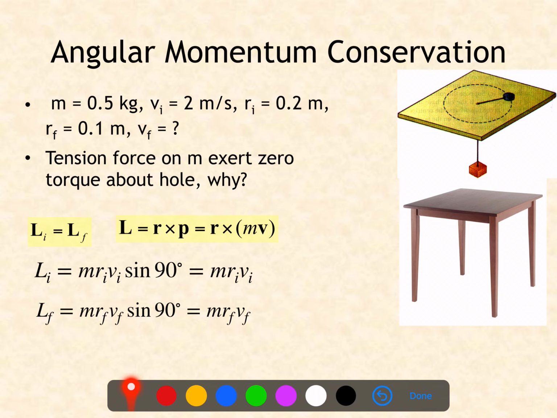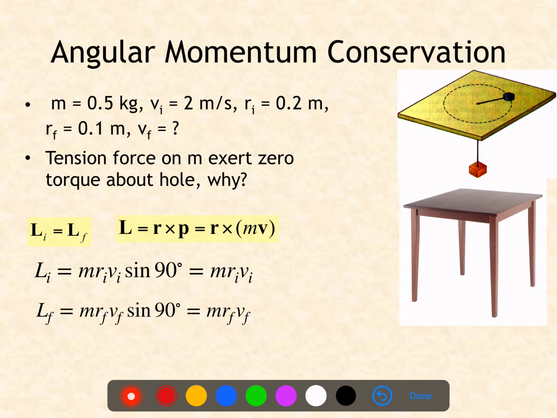But we do want to examine what's happening with the angular momentum of the puck. So in the initial state, if we do R cross P, then the magnitude of this should be R m v sine of theta, and theta is going to be again equal to 90 degrees in this case.